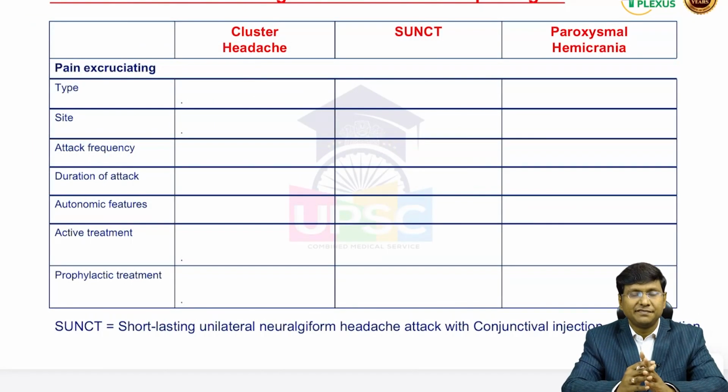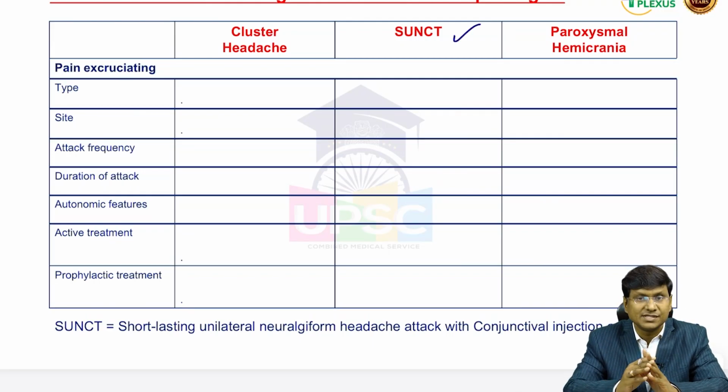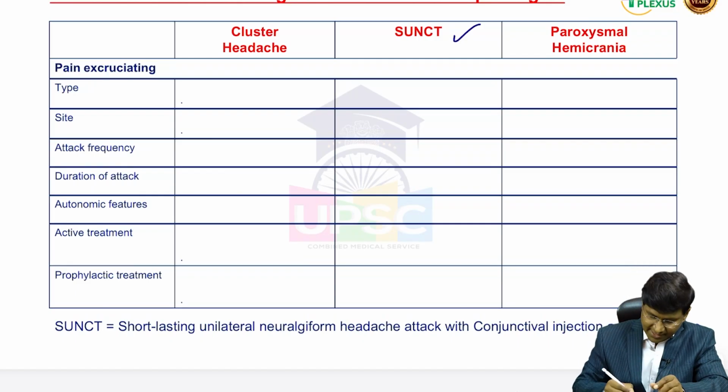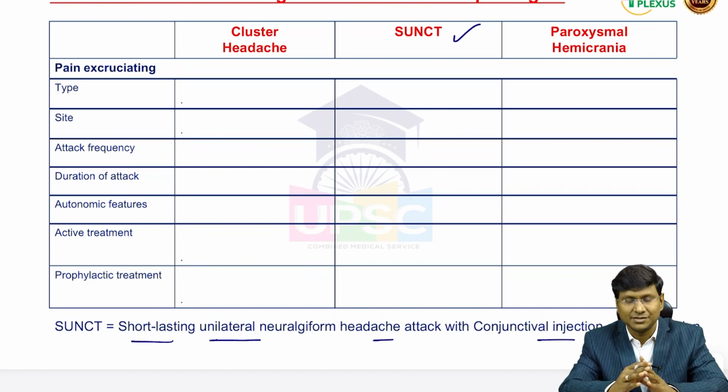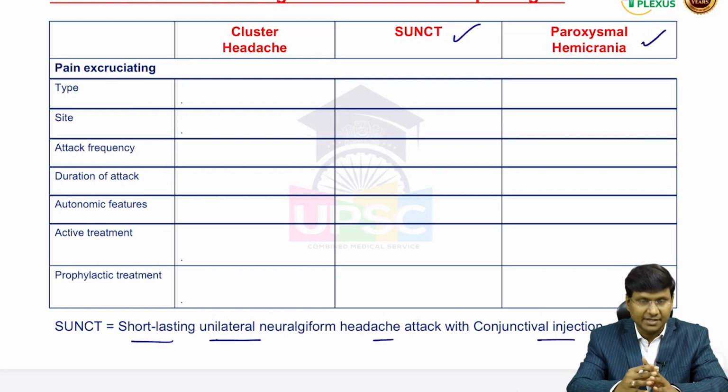So if you see the differences between the cluster headache and another important form of headache called SUNCT, what exactly is SUNCT? It is short lasting unilateral neuralgiform headache attack with conjunctival injection as well as lacrimation, and then paroxysmal hemicrania.